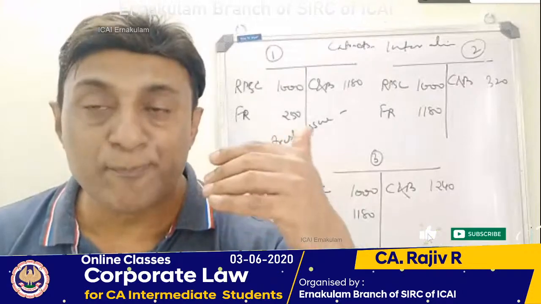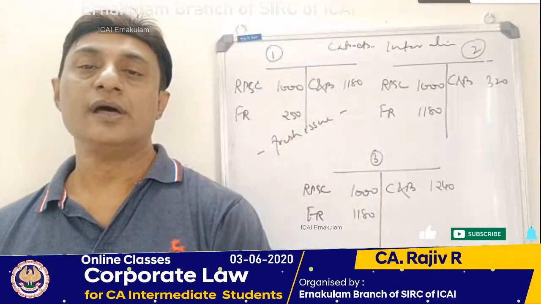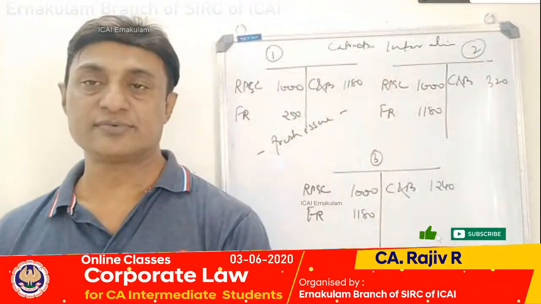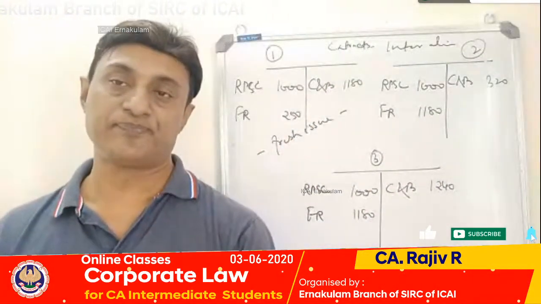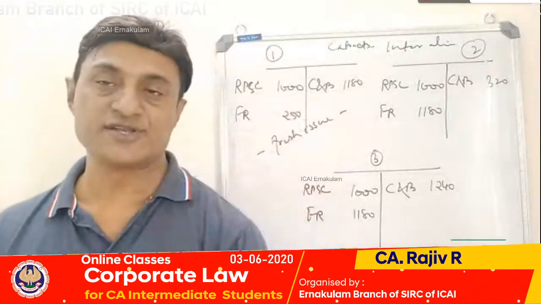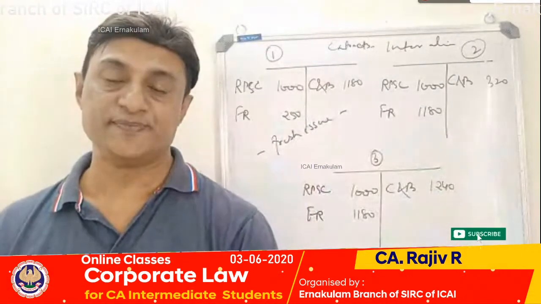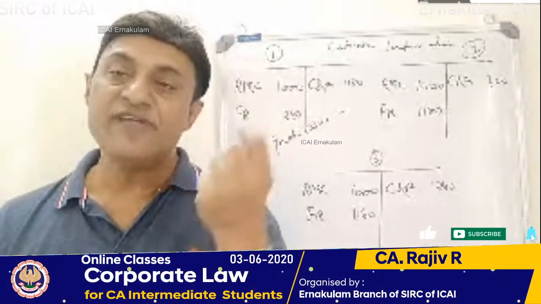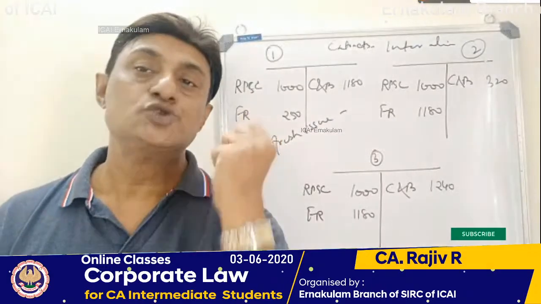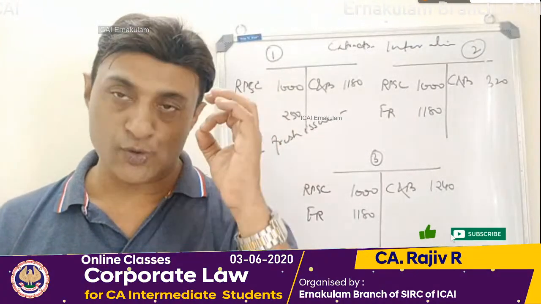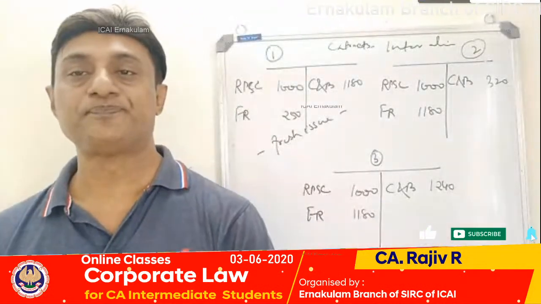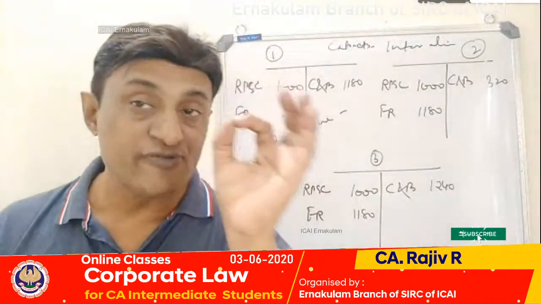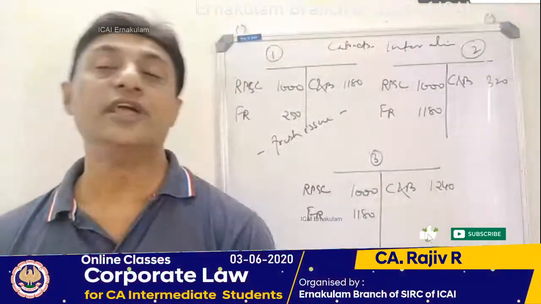When you provide for it, it will hit your profitability. When you pay for it, it will hit your liquidity. So every expenditure hits you in two places, provided it's a revenue expenditure. Even otherwise, the capital expenditure will hit your financial position and your liquidity.